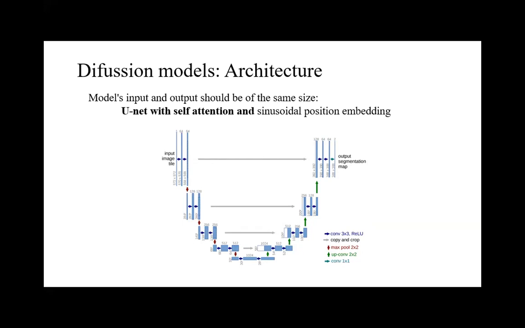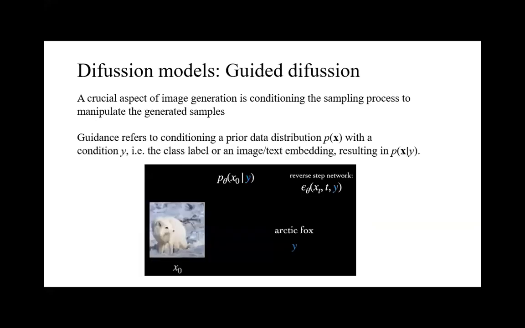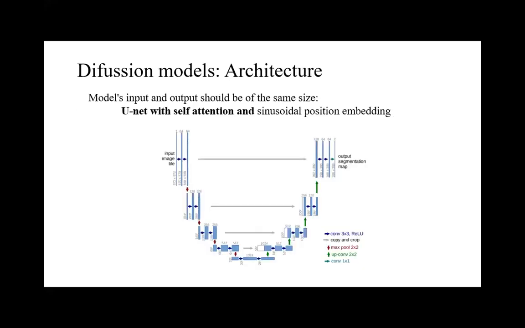This is why they use this U-Net, and they perform different adjustments. They use skip connections and some attention with transformers that I'm going to explain later. But basically, the neural network that is going to predict the noise is this U-Net in the backward process.